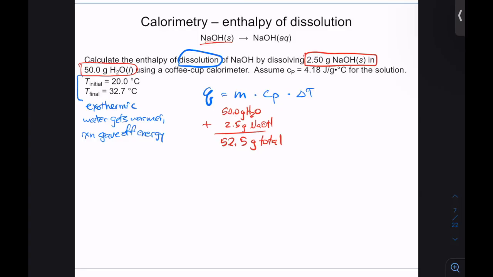Even though we're adding the mass here, it's all one aqueous solution, and it's a dilute aqueous solution. So our assumption is right here: because it's a dilute aqueous solution, even though we know that there's some sodium hydroxide there, we're going to assume that the specific heat capacity of the water is still going to be our 4.184 joules per gram degree Celsius.